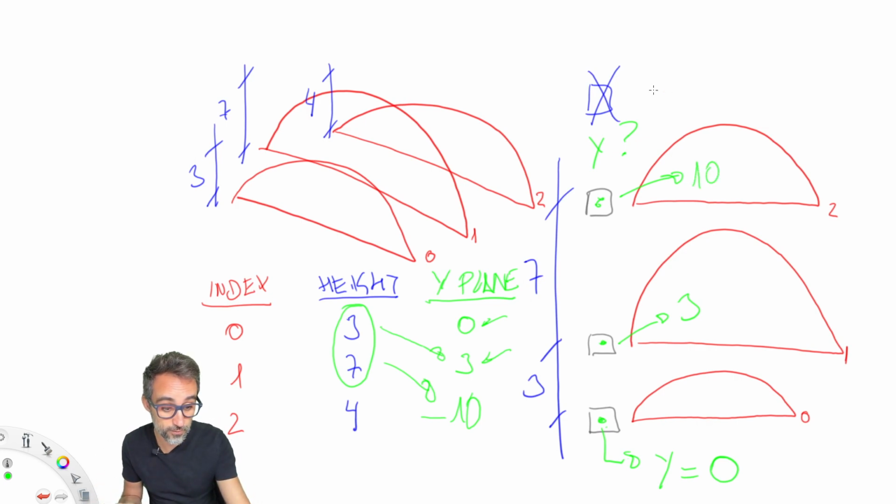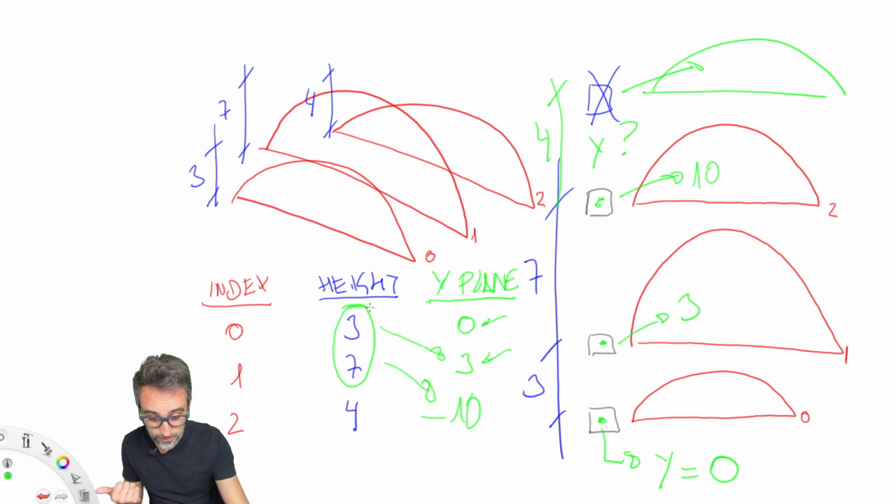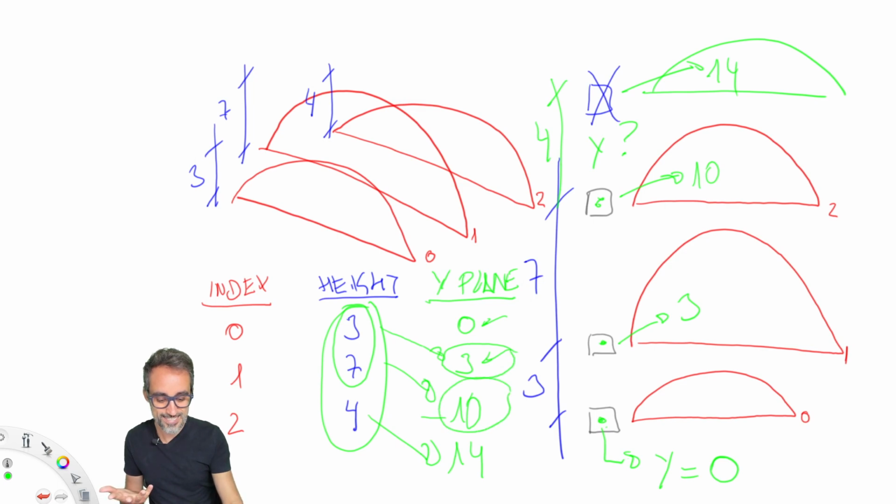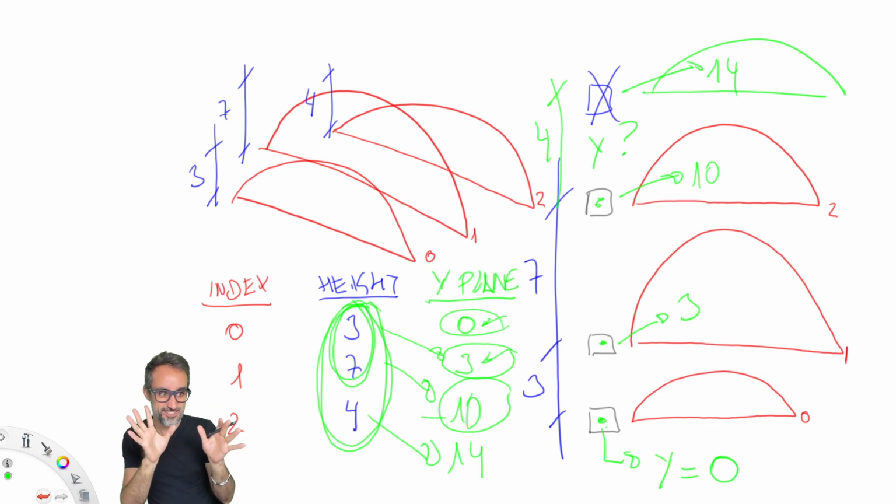And if we had to place here another section, because this distance would be 4, the coordinate of this one would be the addition of all of this, if we had them, which we don't have here, which would be 14. But you can see how basically each one of these numbers is the cumulative height of all the previous ones except for this one. You see where I'm going with this?